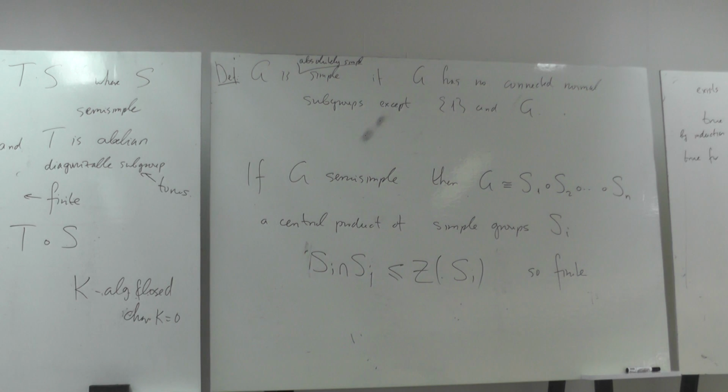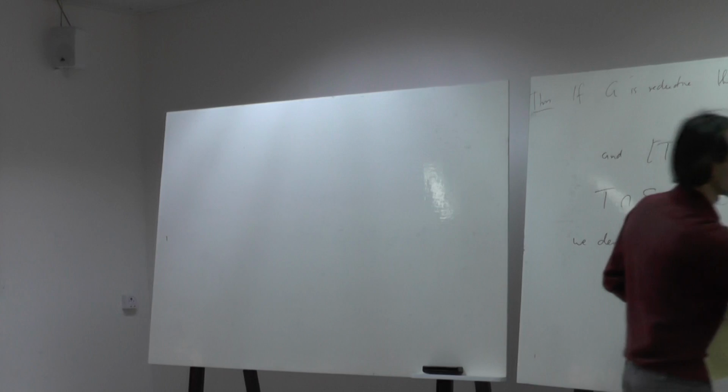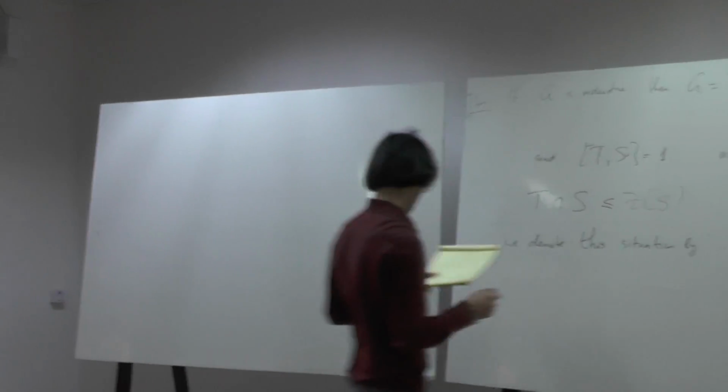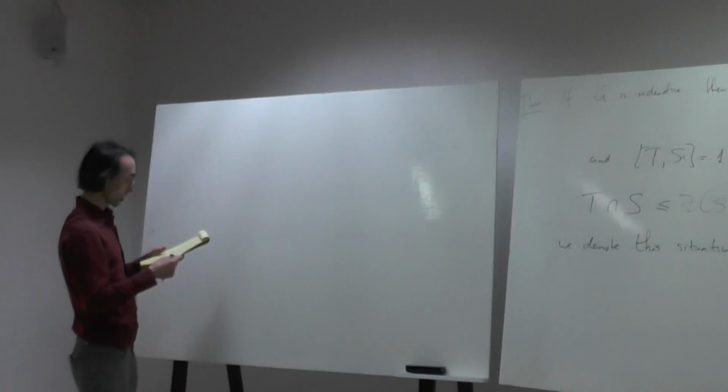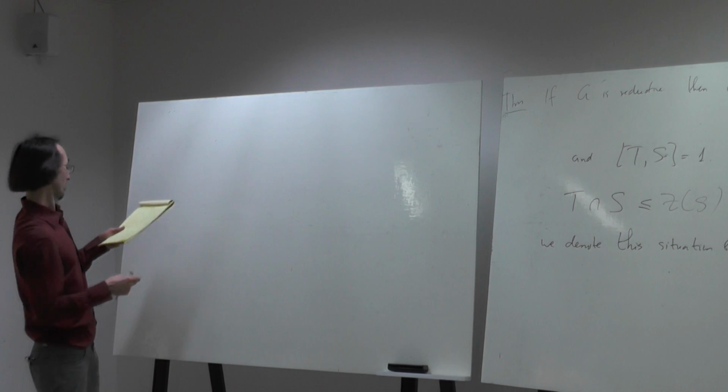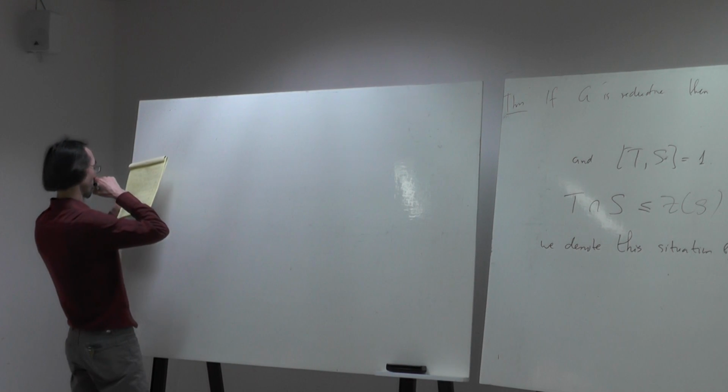So now what about simple groups over algebraically closed fields? At this moment I'm still making this assumption. Can we classify simple groups? And the answer is yes. So here's a classification.